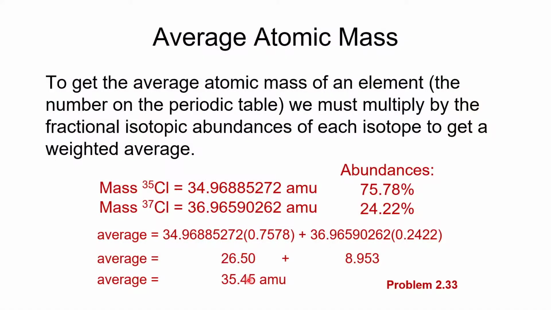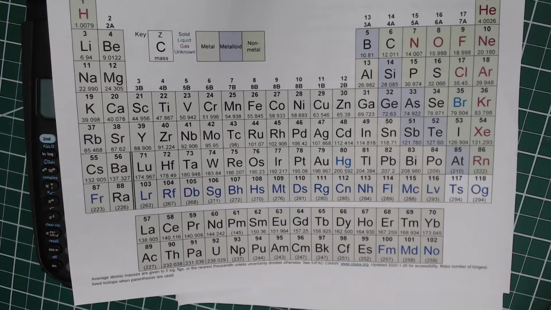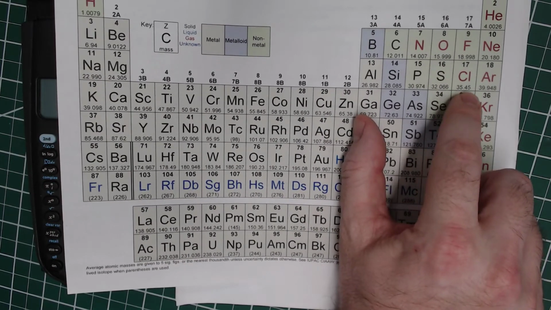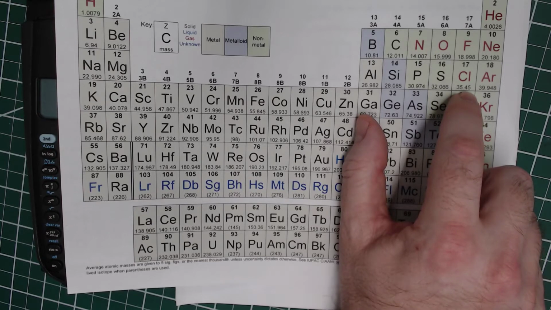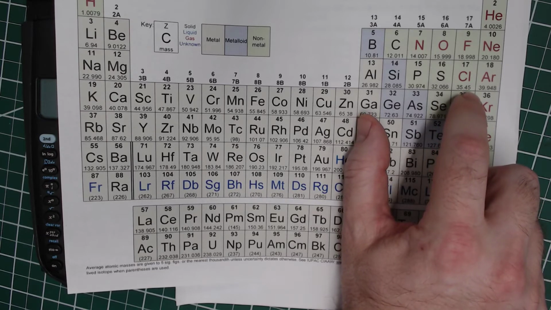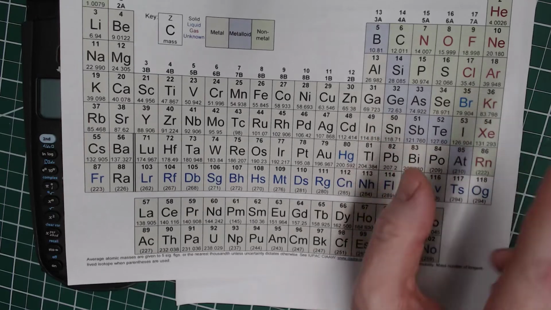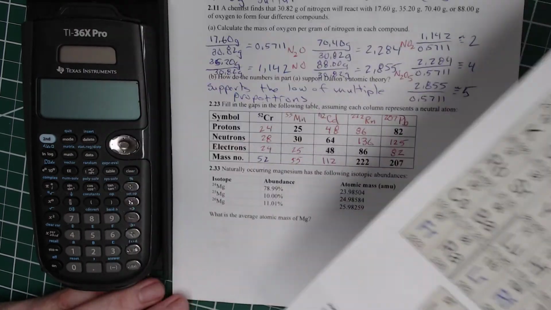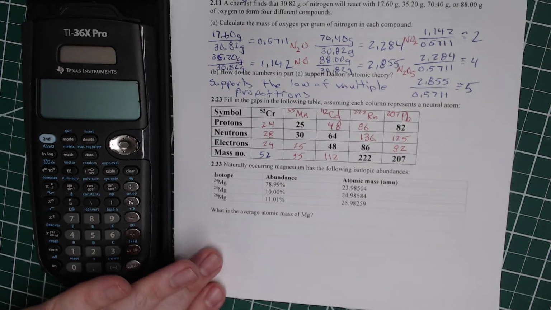In case you're wondering, that is how we get that 35.45. As I mentioned, there is a little bit of uncertainty in that 35.45. So 35.46, 35.44, it's going to be close to that number. There's uncertainty in that last digit. That's fine.